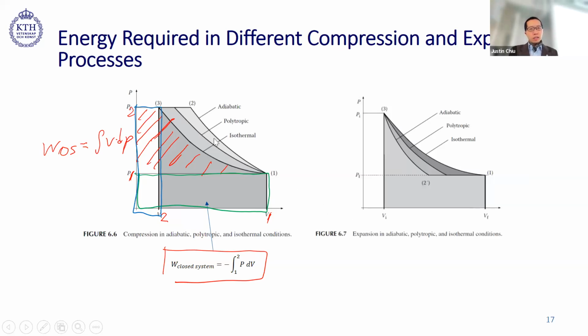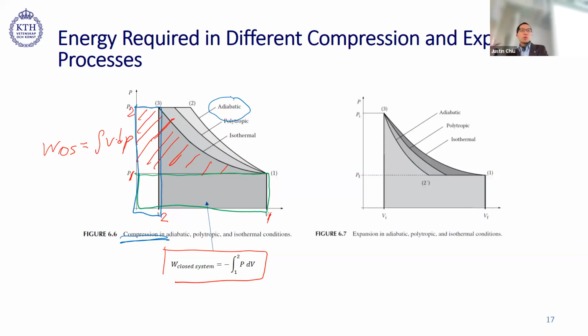And then what is interesting to see is that in the compression state over here, the isothermal case would require the least amount of energy. If you're compressing it isothermally, the amount of energy needed is the least. And then in the adiabatic system, where you generate heat as a waste heat, that's a loss, right?